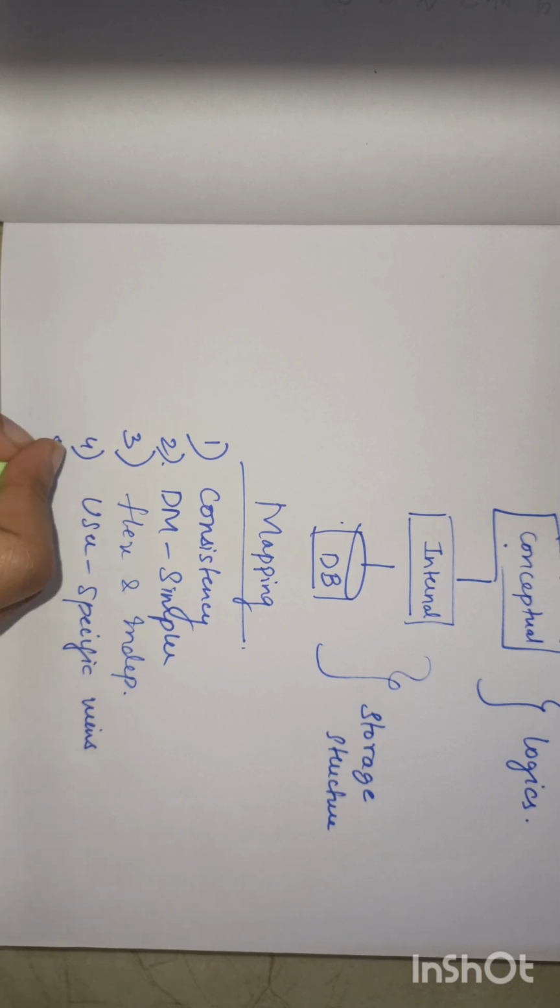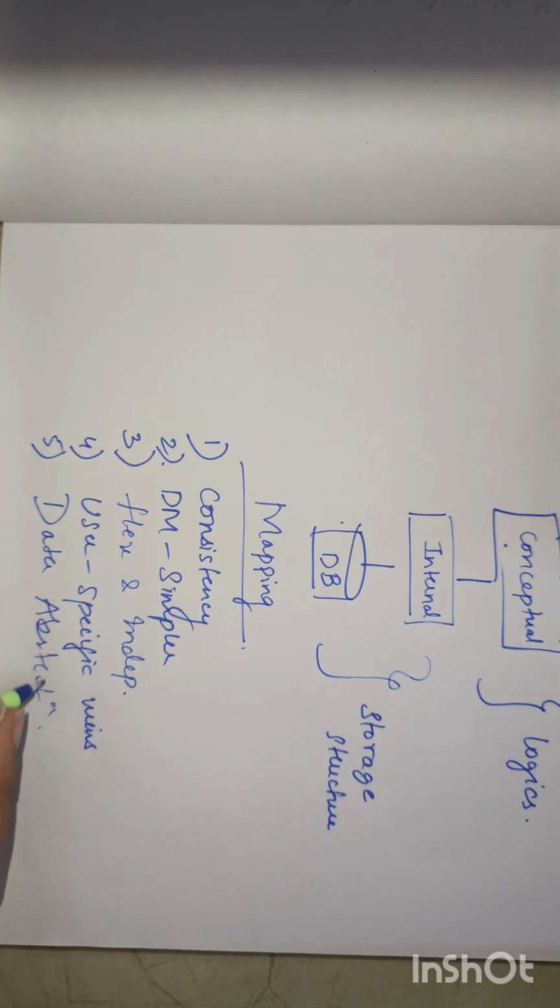And data abstraction. So data abstraction is nothing but it allows you for separation of physical storage from the logical representation. So that is data abstraction.